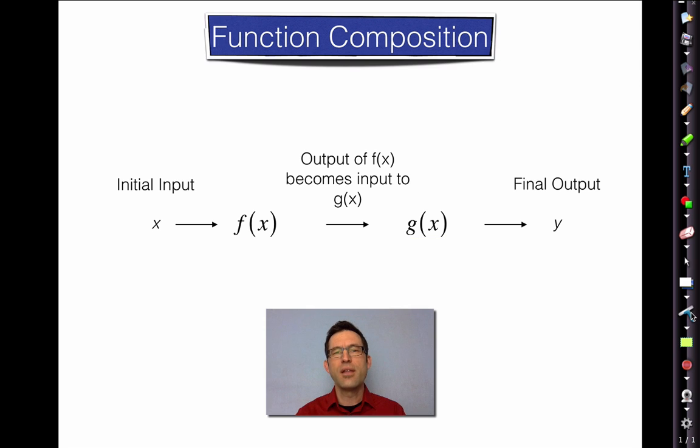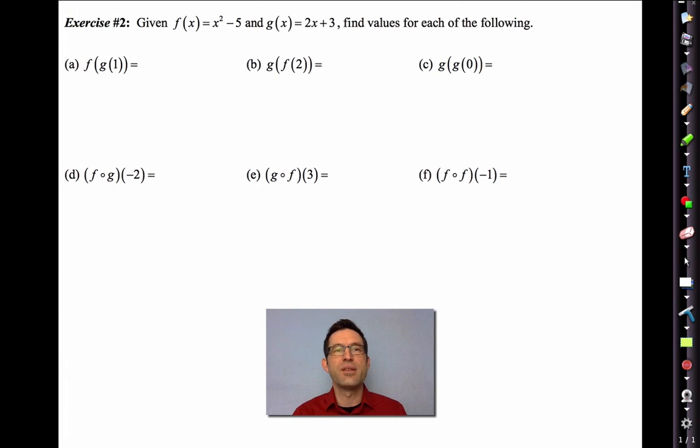Okay? Let's take a look at how it looks in symbolic form. All right, so we've got two functions. One of them, the rule is f of x equals x squared minus 5, and the other one, g of x equals 2x plus 3. We want to find values for each of the following. So how in the world do we even interpret this?